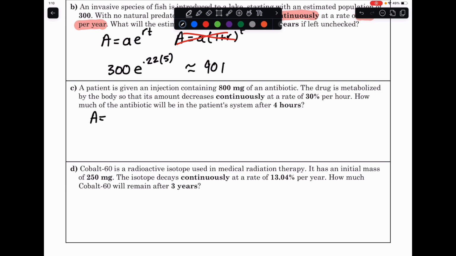Because it's decreasing continuously, we have to use that formula here. Plugging in 800 for A, e, since it's decreasing this time, just like the previous example, even though we're using a different formula, r is going to be a negative number, so negative 0.30.